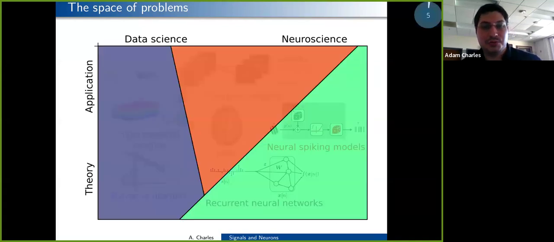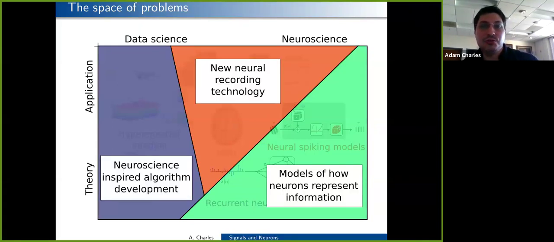It speaks to the questions I love to think about: how do we create new neural recording technologies? How do we model how neurons represent information? And finally, closing the loop, how do we use the challenges that arise in neuroscience, in learning how the brain operates and computes, at different scales and with different types of data and scientific questions, to create the next generation of algorithmic tools?